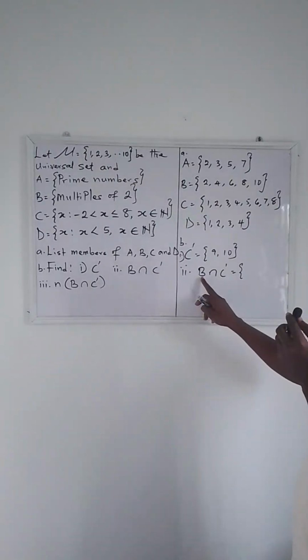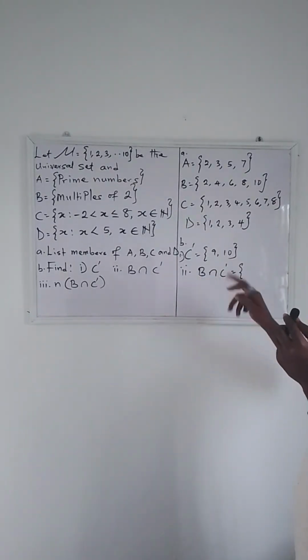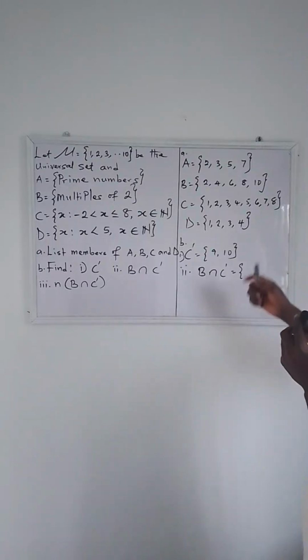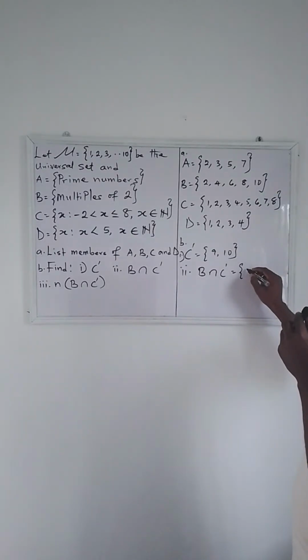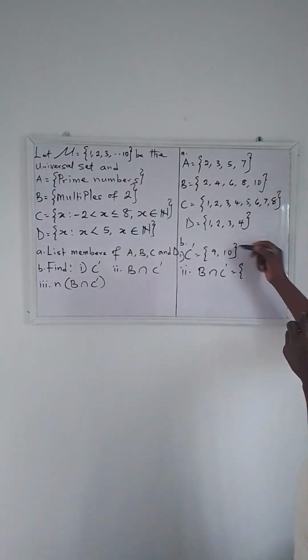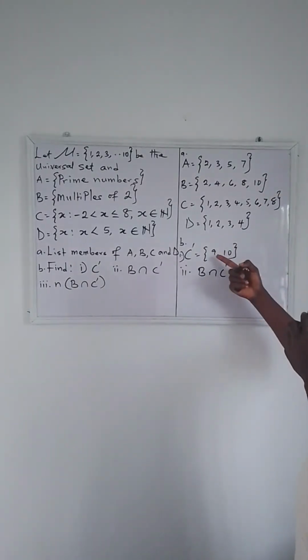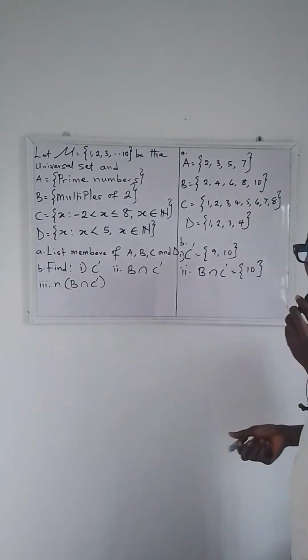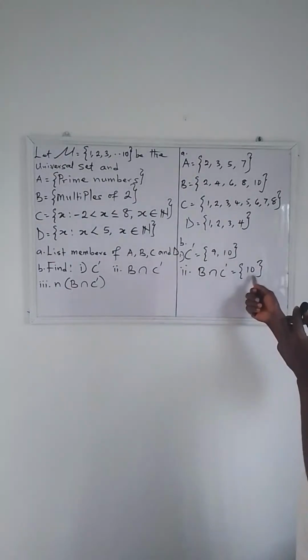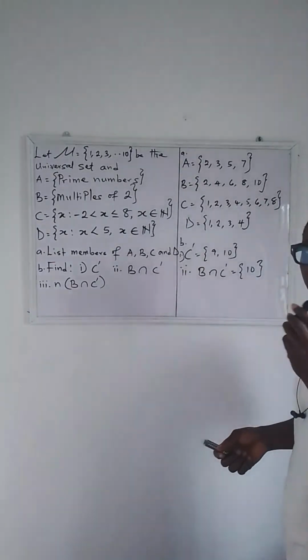That is B intersection C complement. Can you list those elements? You'll have 10, because 10 is in B and 10 is also in C complement. 9 is in C complement but not in B, so you can't write 9. So it's going to be a unit set of 10. That is the answer to that question.